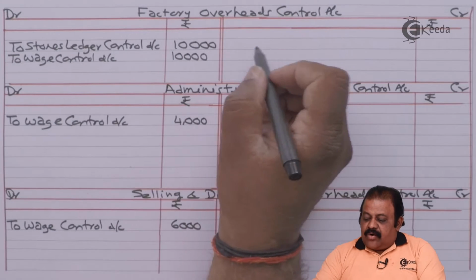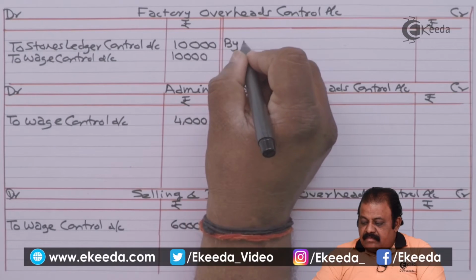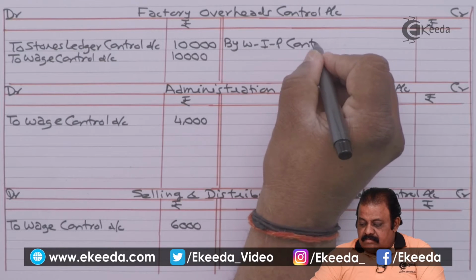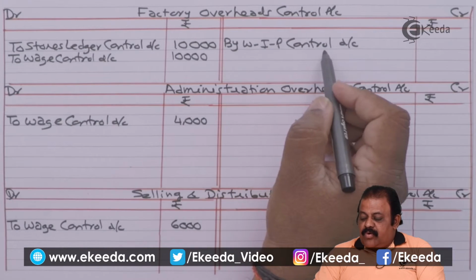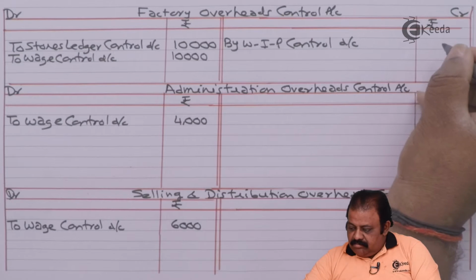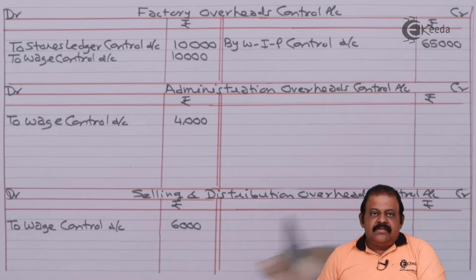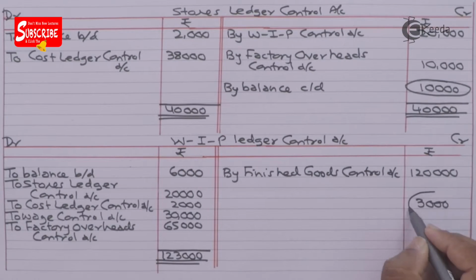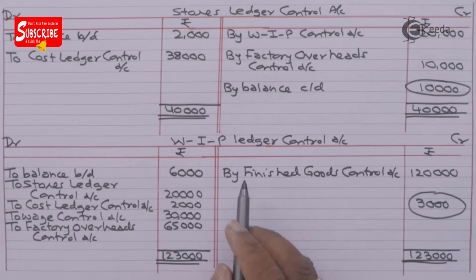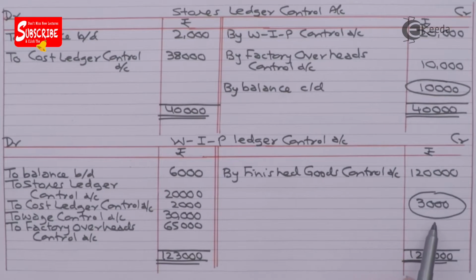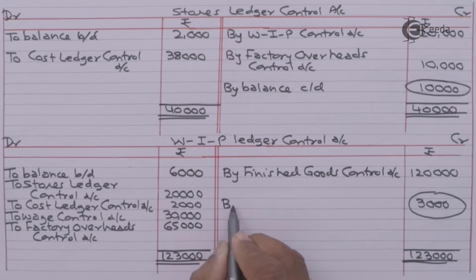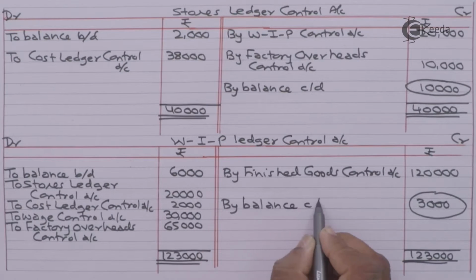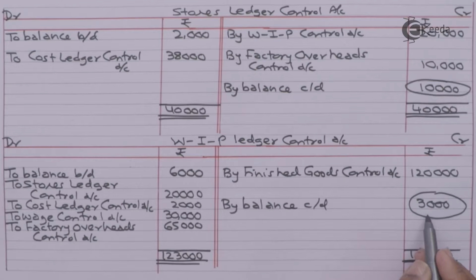In factory overheads control account on credit side, by work in progress control account, 65,000. Work in progress ledger control account, we are getting balancing figure on credit side. Closing balance of work in progress, this will be transferred to trial balance.